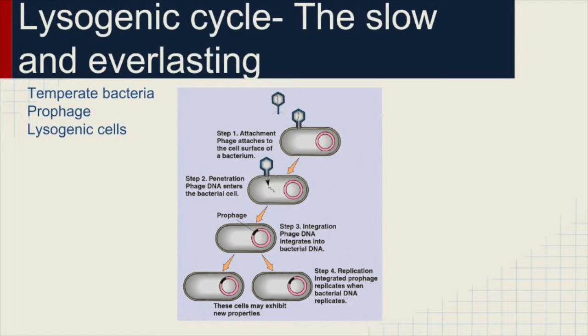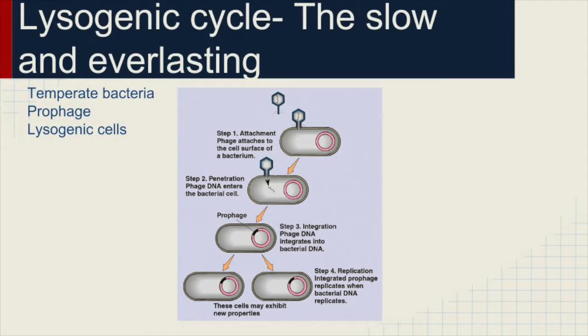Now, when it does this, it will actually replicate the virus's DNA, and then you'll have two bacteria that have the phage DNA in them. Now, for this to actually work, the bacteriophage must be temperate, which means that it won't go straight to the lytic cycle, but instead will go through the lysogenic cycle.